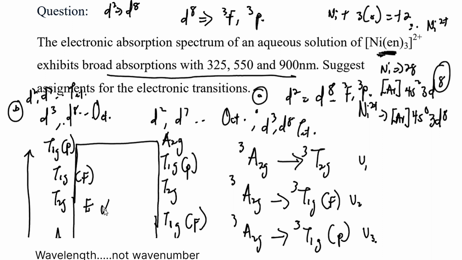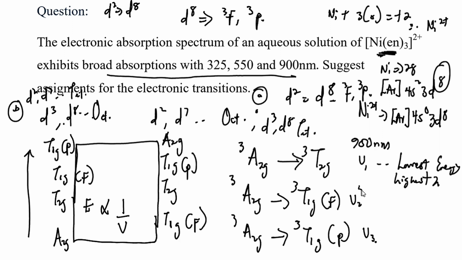Energy is inversely proportional to the wave number. This one has the lowest energy, so it will have the highest wavelength, which is 900 nanometers. This one we have 550 nanometers, and this one has the highest energy, so it will have the lowest wavelength, 325 nanometers. So the right answer is this arrangement.